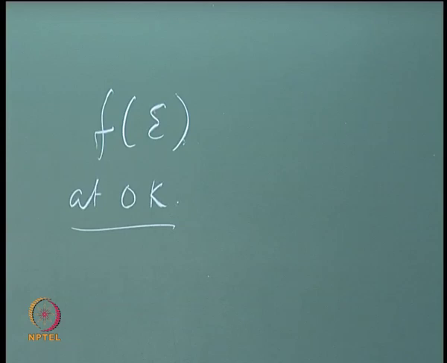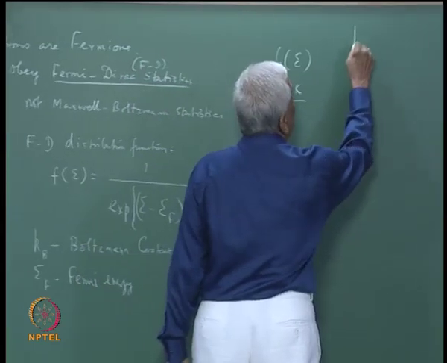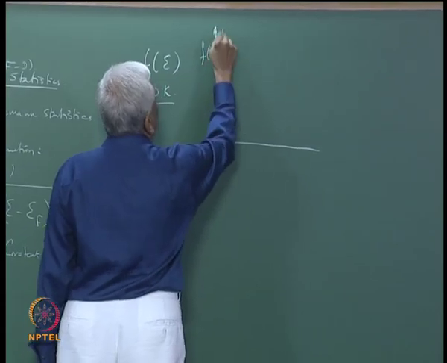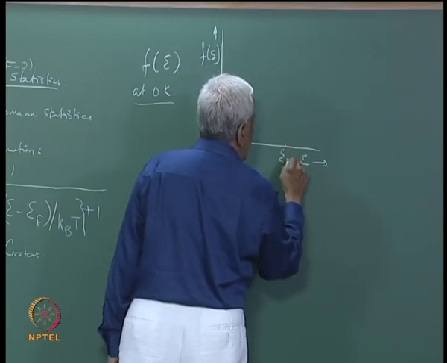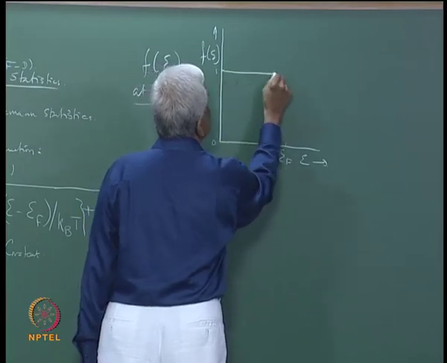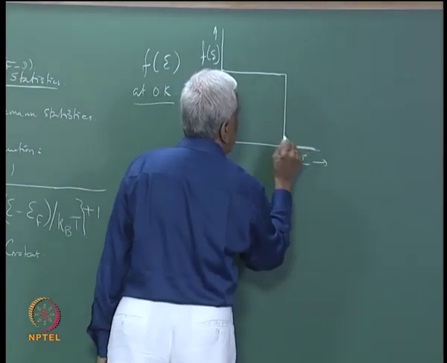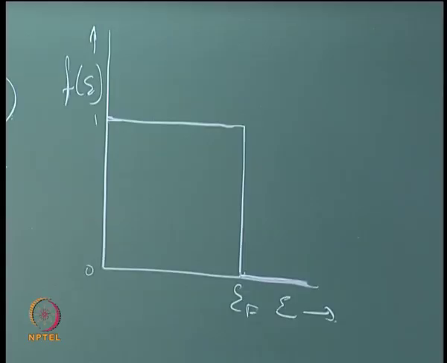Let us discuss the behavior of the metal at absolute 0, and then we can go to finite temperatures. This is simpler. So, you can see that this function looks like this. If I have the Fermi energy here, then this is 0, this is 1, so that is the behavior of this function at absolute 0.